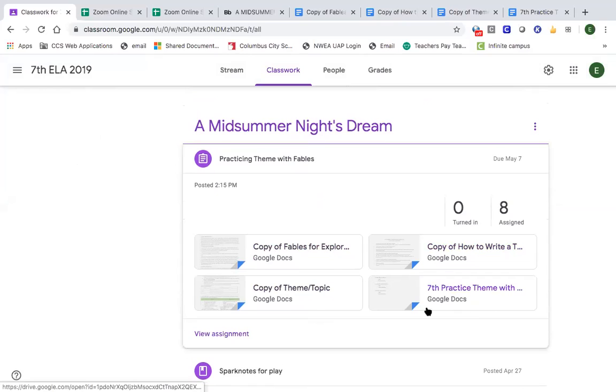And then this one that says 7th practice theme, that is where we're going to be putting topic and theme.